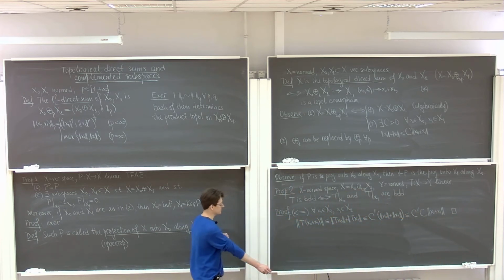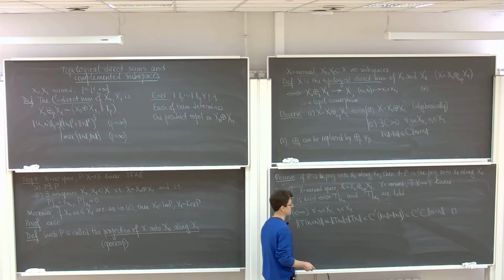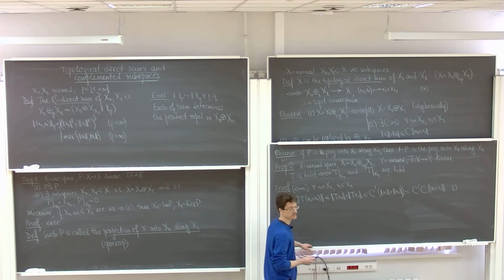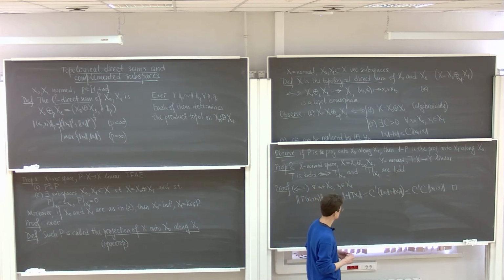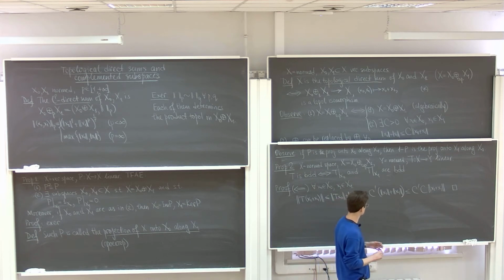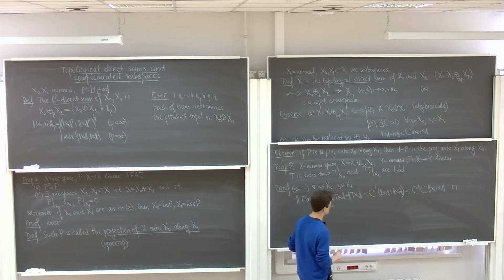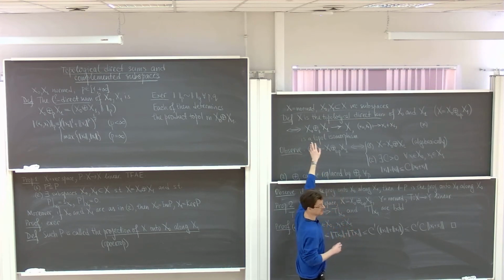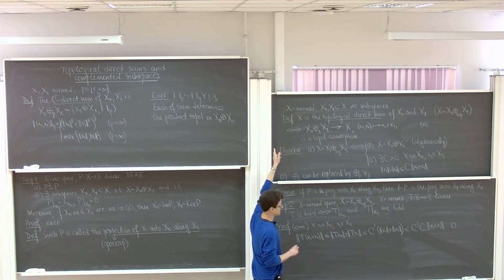Okay, let's now characterize topological direct sums in terms of projections. We said that this expression in the middle is just one norm in this space X. So it's just the sum of norms of x0 and x1. Can we say that it's the LP norm? Well, this is not exactly the LP norm because we don't assume from the very beginning that the norm of X is the LP norm.